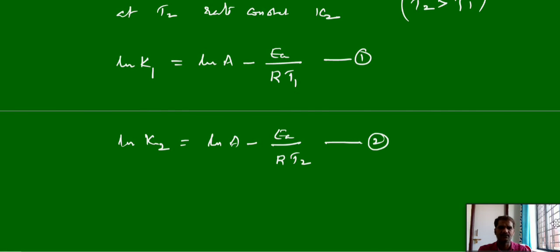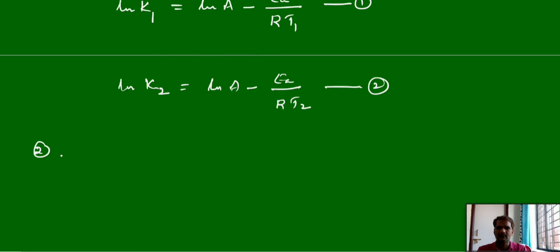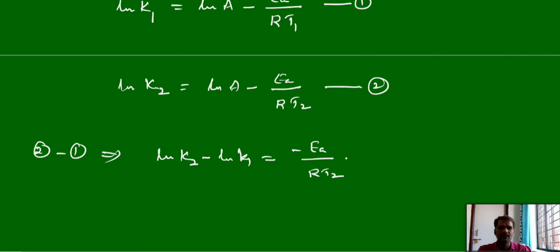Let us assume this is equation 2. Now you subtract equation 1 from 2, 2 minus 1, that can give ln of K2 minus ln of K1 is equal to, anyhow in both cases ln A is the same, they will cancel out, and what is left is minus Ea by RT2 minus of minus, plus Ea by RT1.